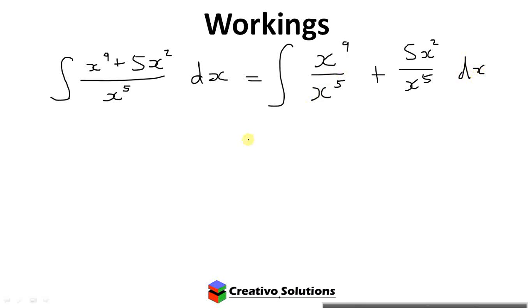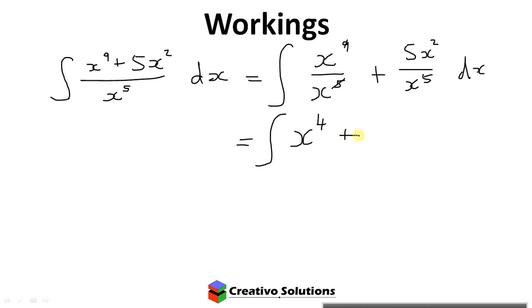Can I simplify those terms? Yes. What is the rule when you have exponents? This is revision from your exponent stuff. If I have an exponent at the top and an exponent at the bottom, do I add or subtract? Subtract, because you're cancelling the 5 with the 9. So x to the 4. Does it make sense?